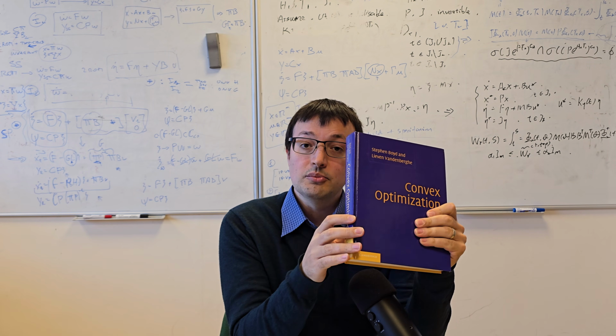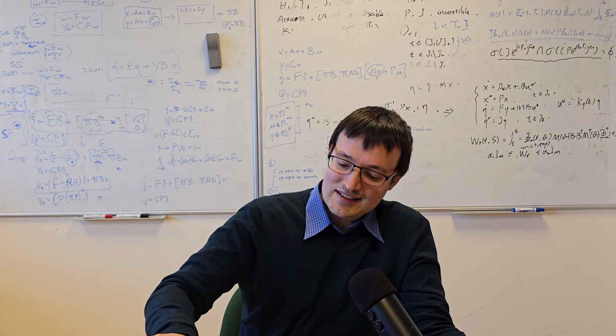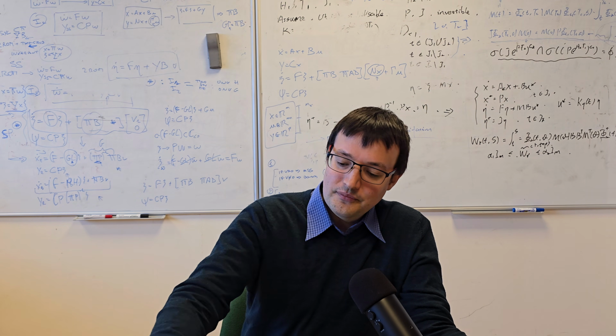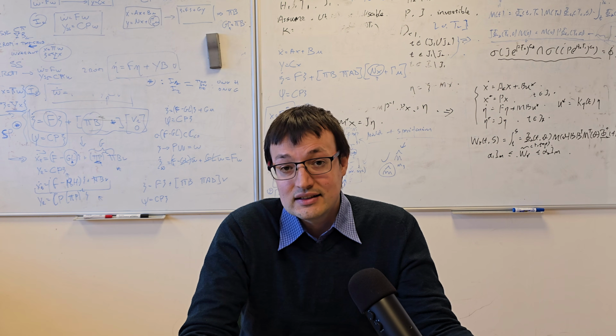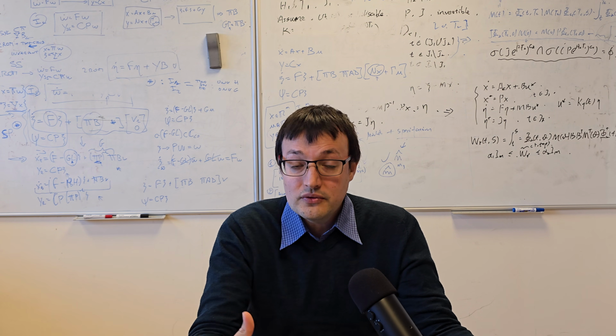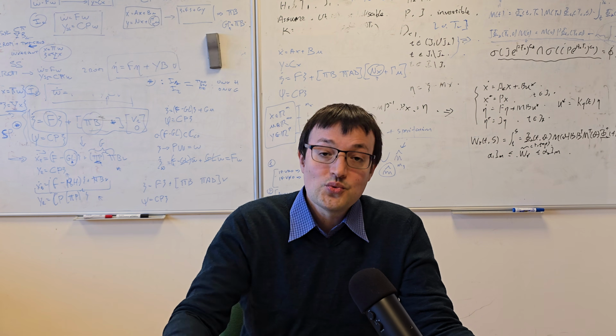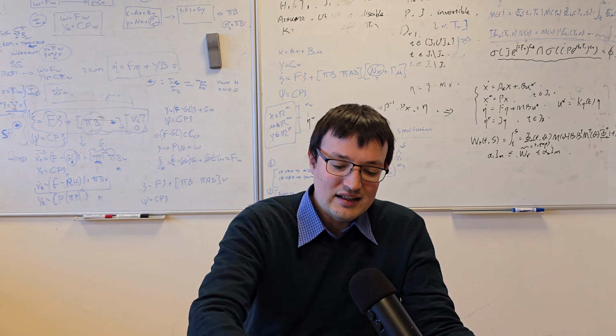It is an excellent book, but the reason why I'm covering the book is not because of the book in itself, but because the group behind the book created a toolbox called CVX. It's a programming toolbox, which is very good, very easy to use, and that's why I'm using their material, because I really like CVX.